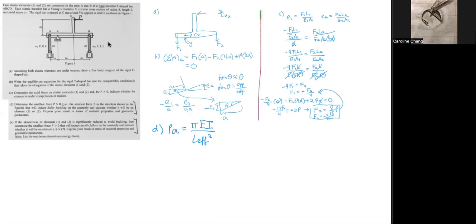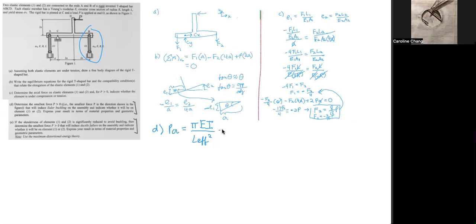And notice that member 2 will not have any buckling associated with it, as when the whole structure goes like this, the member at B, which is member 2, will be pulled upwards, while the member at A will be the one under compression, and thus it is the one that has the potential to buckle either like this or that, or out of the plane as we described earlier. And thus the P critical will only be applicable to member 1.